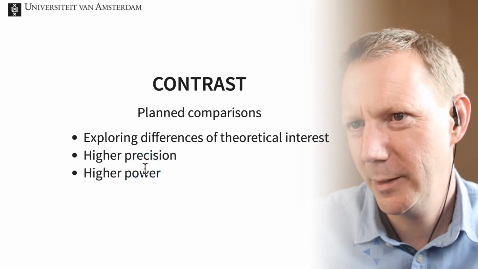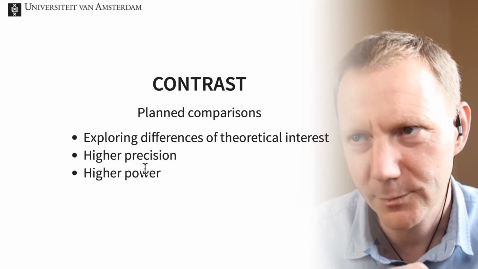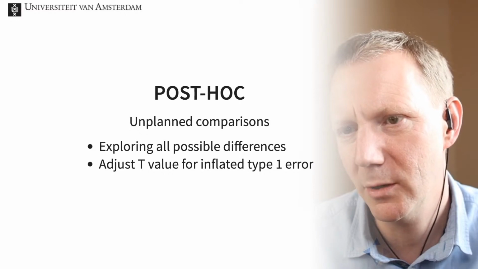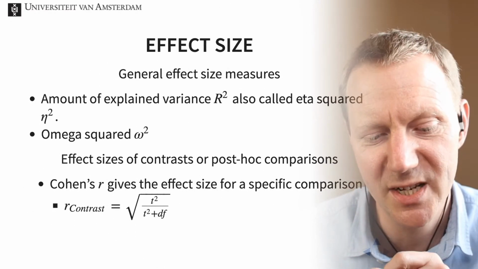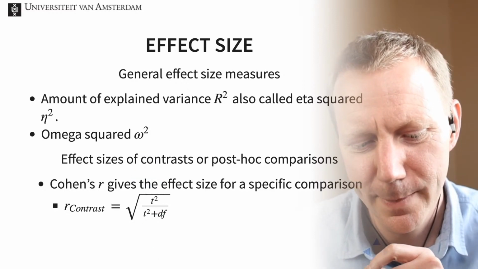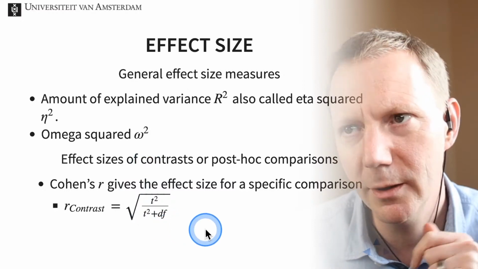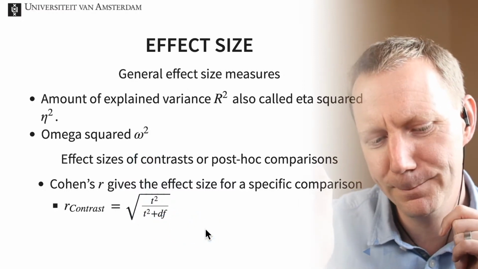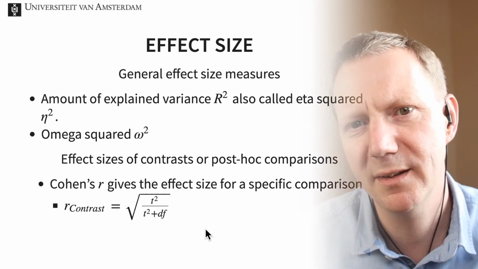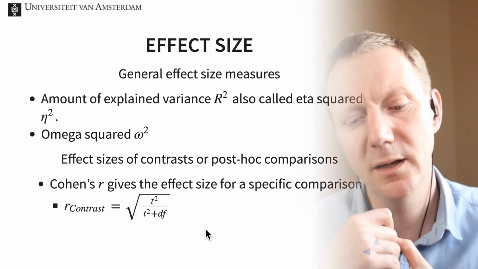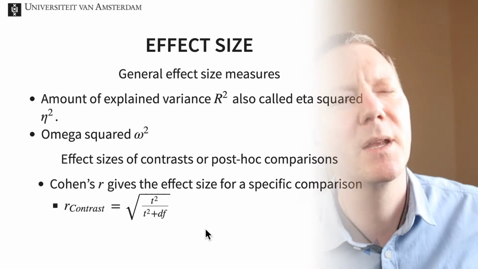So in the meantime, I'm wrapping up. We've discussed the contrasts, and we've discussed the post hoc analysis. The only thing left now is the effect size measures. We've discussed effect sizes earlier, where we said you have a few effect size measures that indicate the effect based on the generalized results.